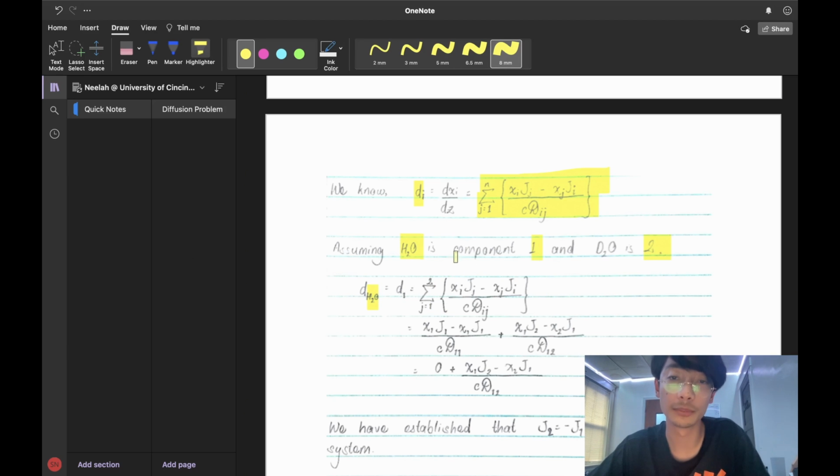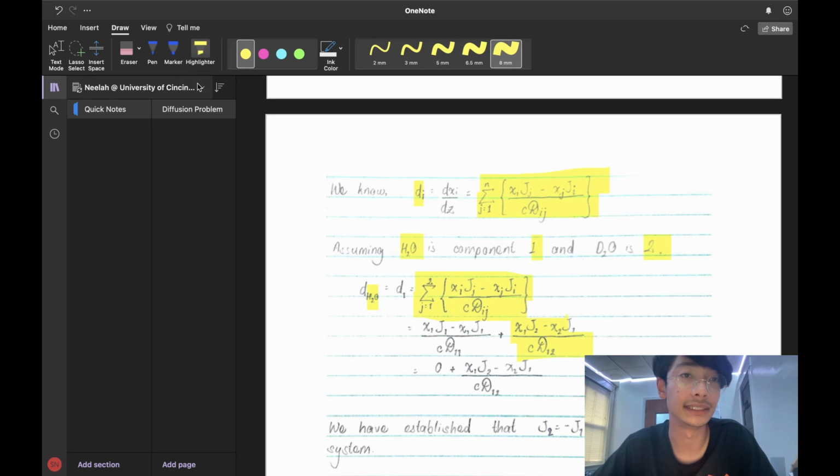We have two components, so if we expand out this relationship, we get the mole fraction of component 1 times the diffusion flux of component 1 minus the mole fraction of component 1 times the diffusion flux of component 1, divided by the total mole concentration times the Stefan-Maxwell diffusion coefficient of component 1 in component 1, and it goes a similar way in this part of the equation as well.